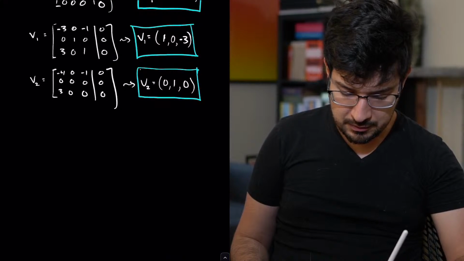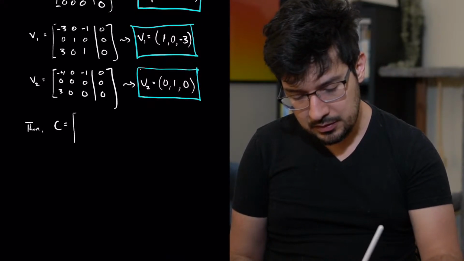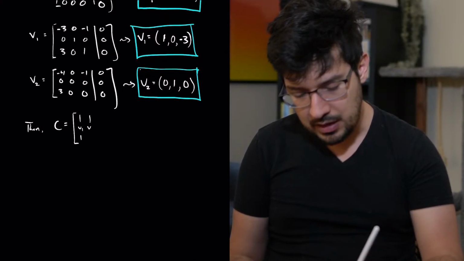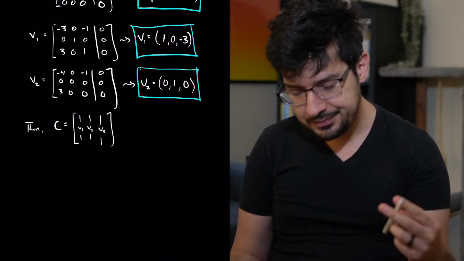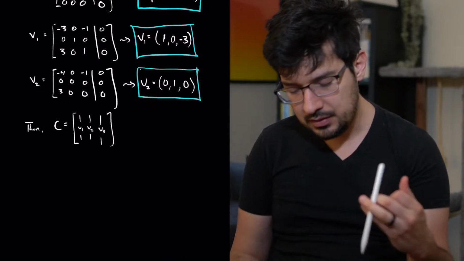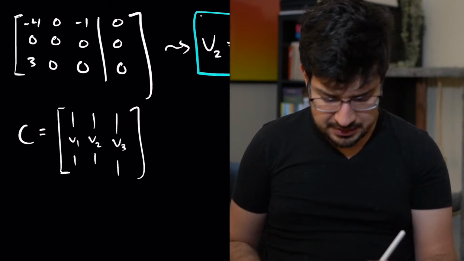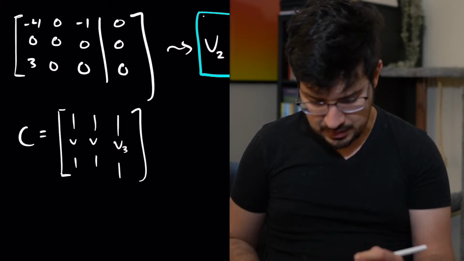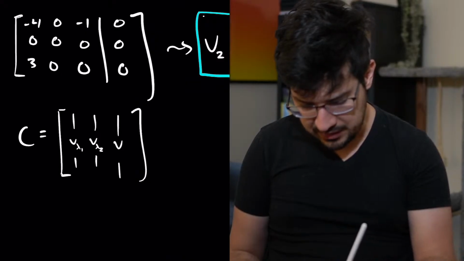Then C is built from our eigenvectors. I prefer to write them this way, with the subscripts being indexed, but for consistency, I guess I'll do v lambda 1, v lambda 2, v lambda 3.